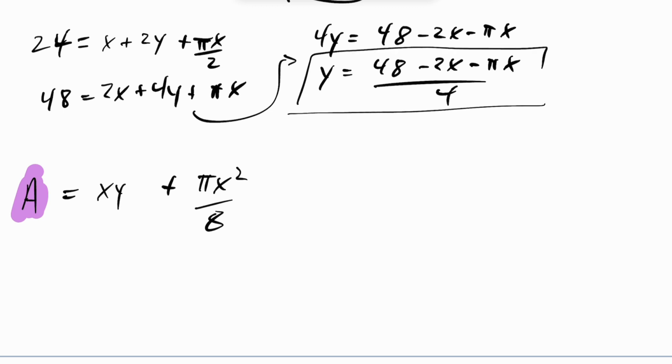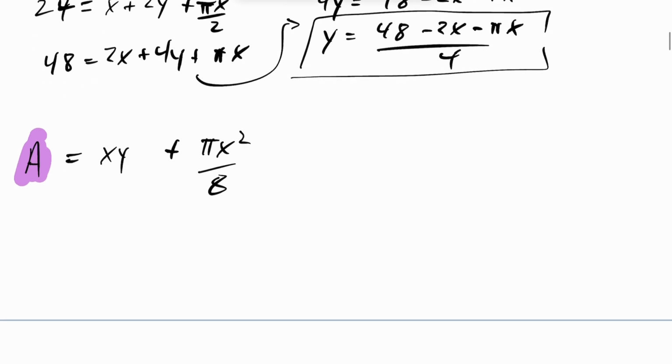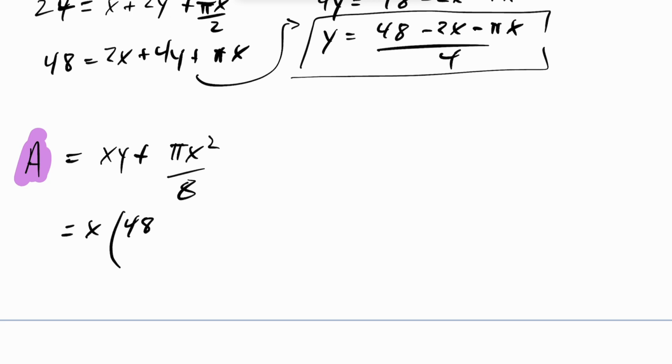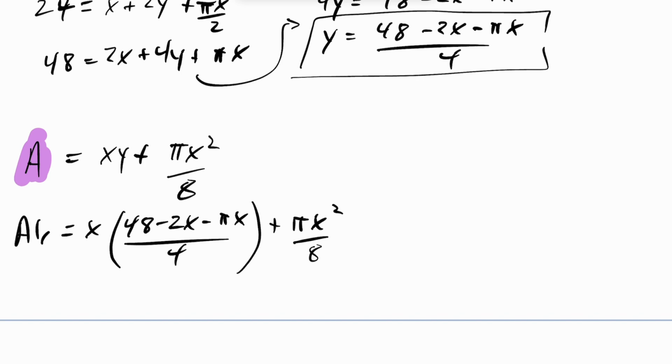I'm going to go ahead and substitute this back into the equation. Substituting this back, we can eliminate the y and change it to (48 minus 2x minus pi x) over 4 plus pi x squared over 8. And now I have a function in one variable.